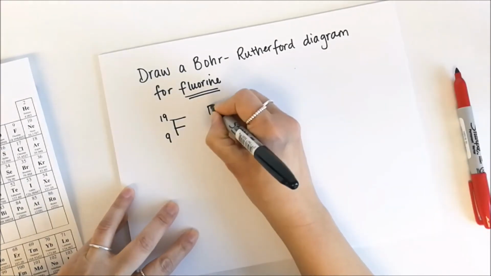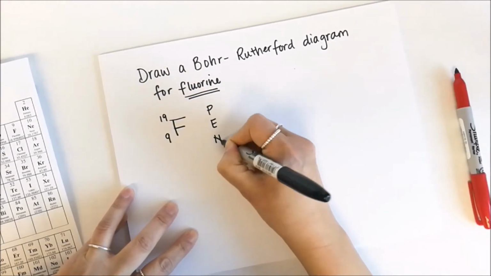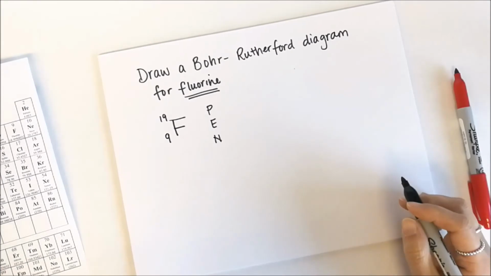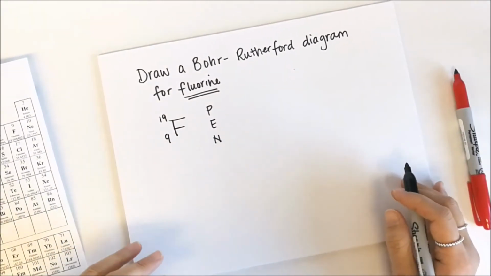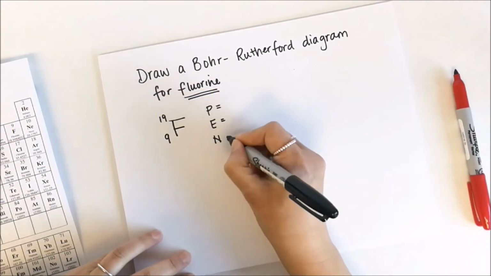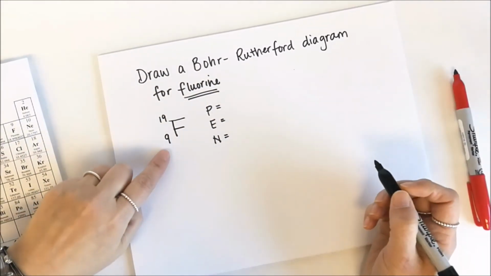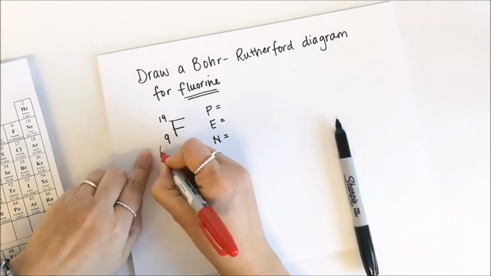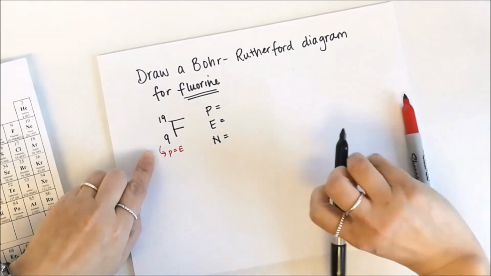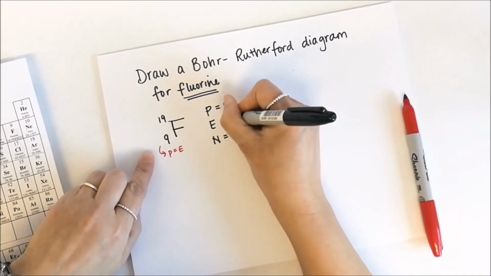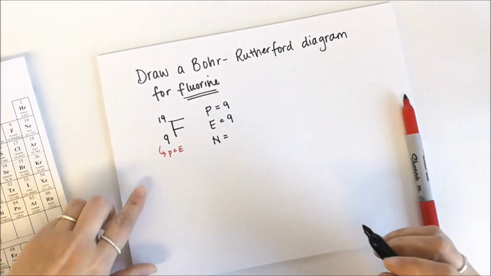Before I draw it, I'm going to write out the PEN numbers. Your teachers might not require you to write the PEN numbers and then draw your picture, but I tend to like to do that so that I know I have all the information that I need and that it's correct. We already said the atomic number is always going to be the same as P and always the same as E. So I can write 9 and 9 over there for protons and electrons.